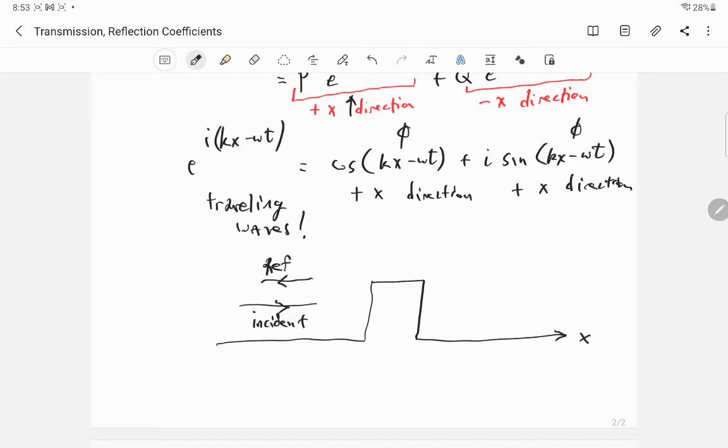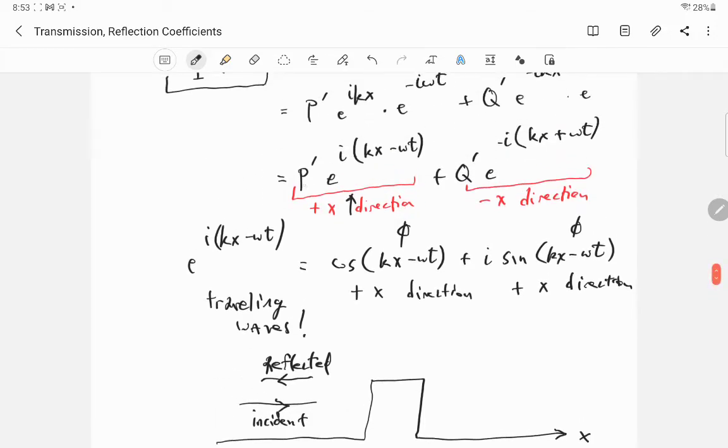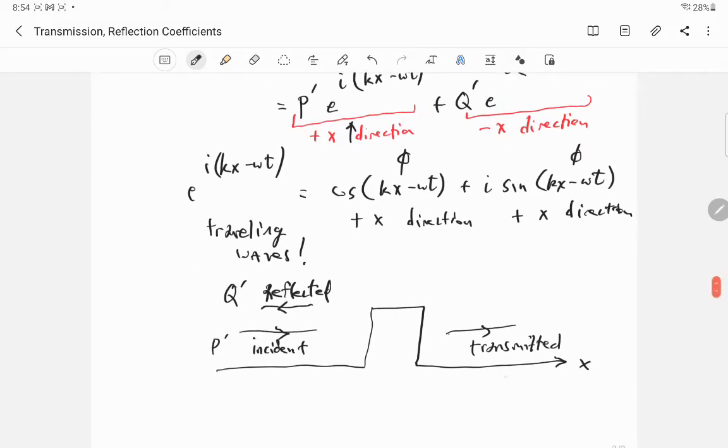So the reflected waves are heading backwards. And that's what P prime and Q prime are. The incident waves have something to do with P prime, and the reflected waves have something to do with Q prime. And if you go over into this side, these are the transmitted waves, right? This will be in region 3.